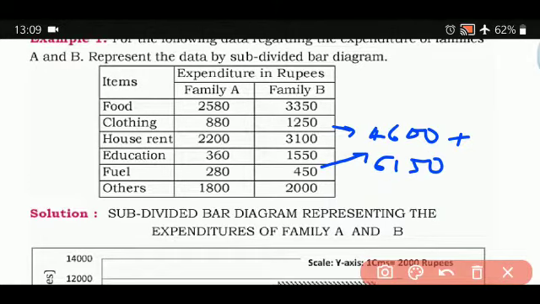To 6150 you are going to add 450. That is 660, and the last one is plus 2000, that is 8600. Let me check the total once more.